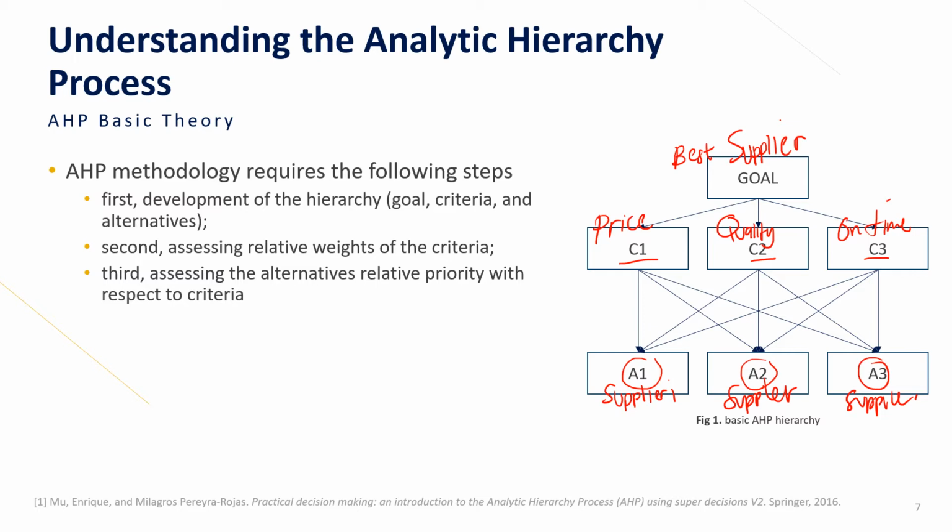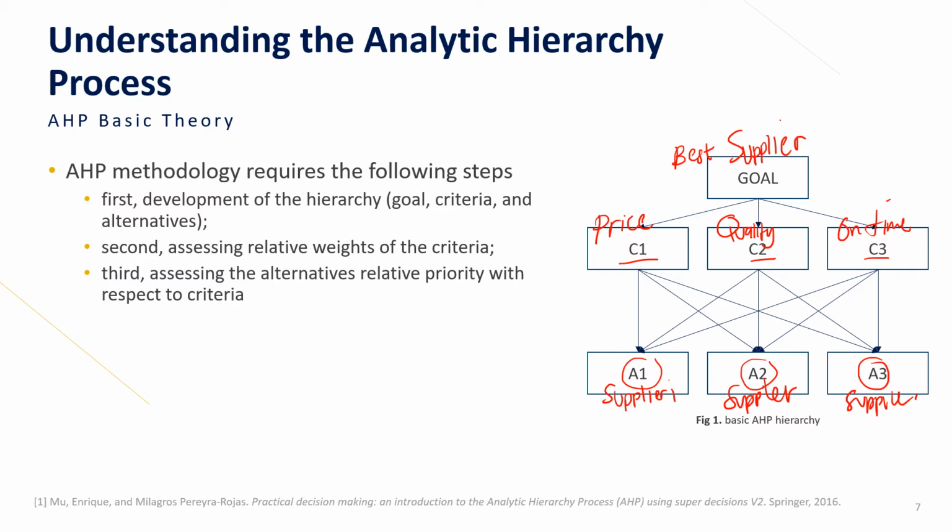For example, based on the price, which one should have the highest priority? Like I mentioned earlier, the price of the first alternative, which is supplier 1, is much better than supplier 2 and 3.